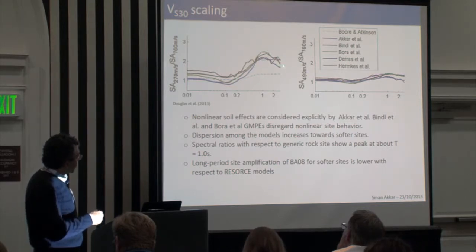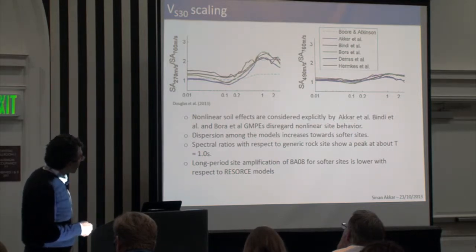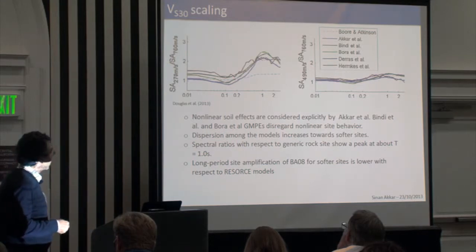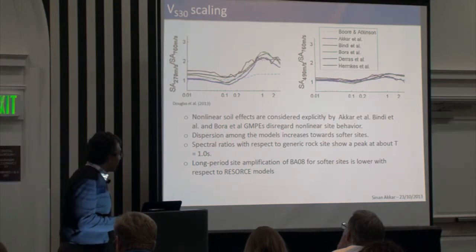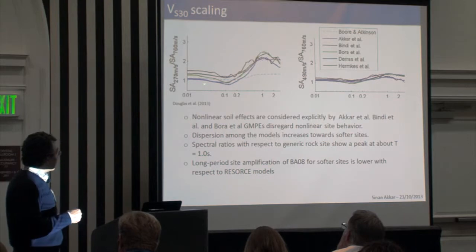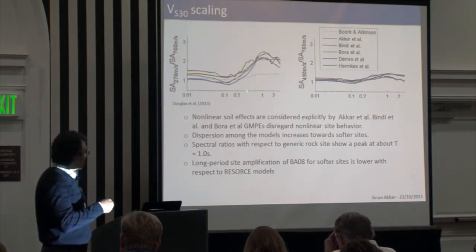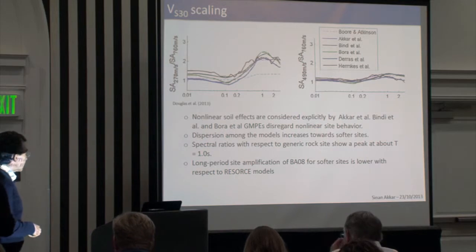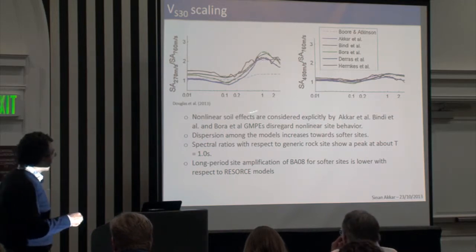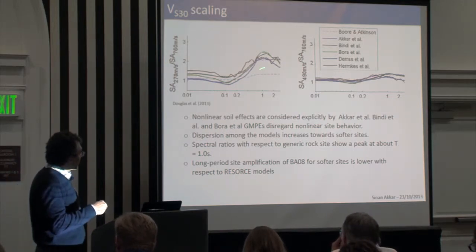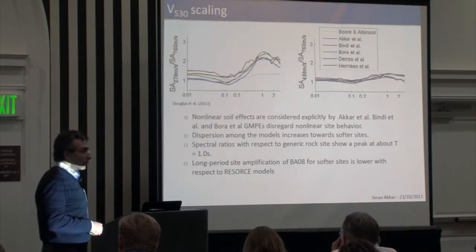All the models have a peak at about 1 second in terms of spectral ratios. And when you compare our spectral ratios with the one suggested by Boore and Atkinson, the Boore and Atkinson site amplification for softer sites is significantly lower than our estimations here.